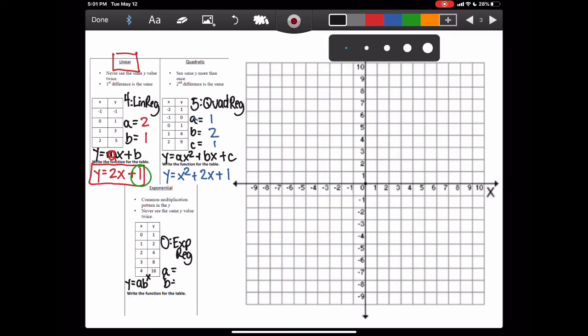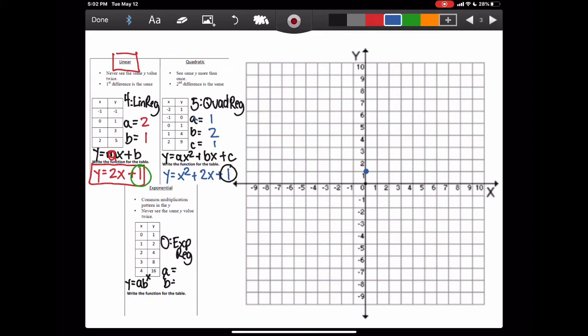Again, the y-intercept is the number that does not have a variable next to it. So I can put a point on my y-intercept, which is a positive 1. I'm going to go to 0 and go to 1 and put a point right there.